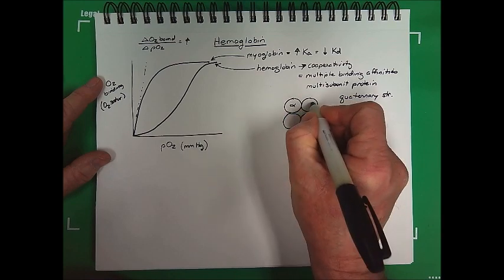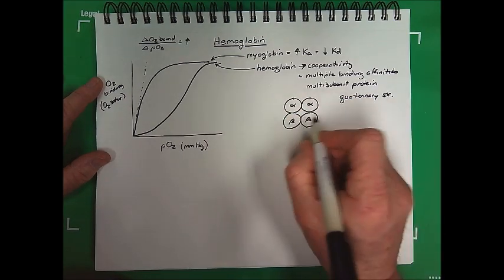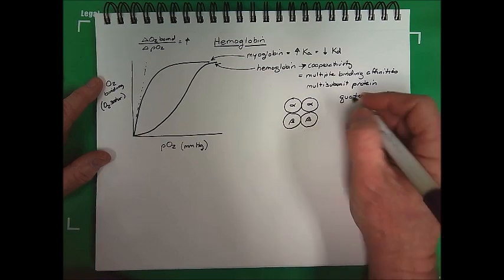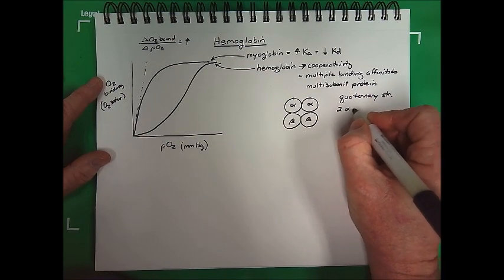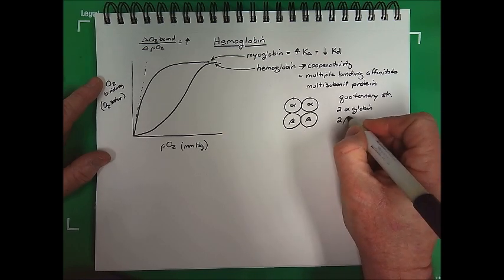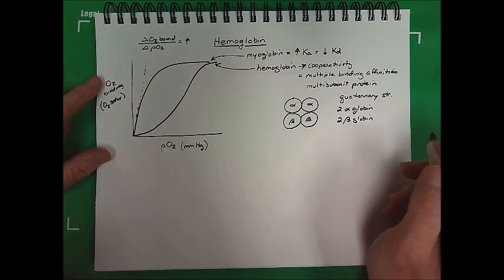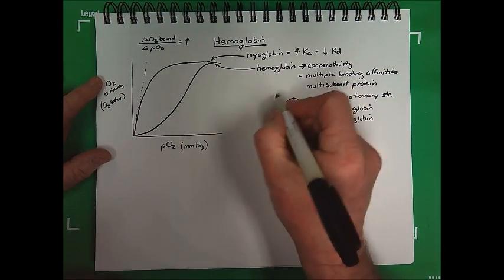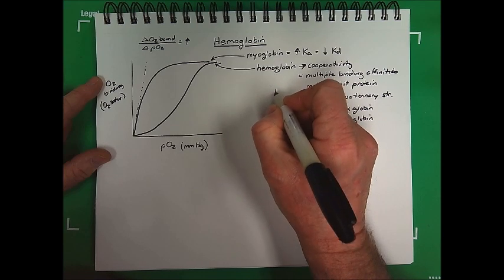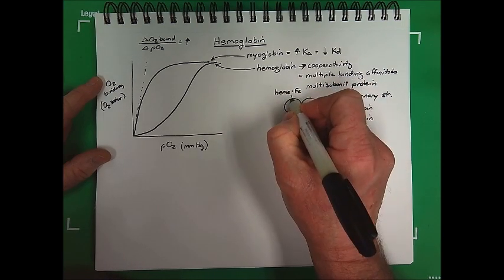In this case, we have heterodimers that form, which are 2 alpha globin proteins and 2 beta globin proteins. Each one of these subunits has heme with iron bound.